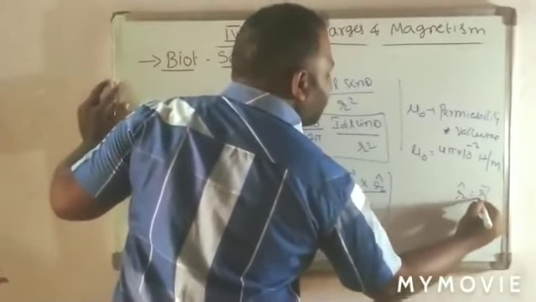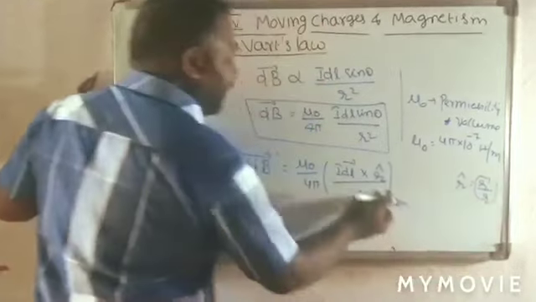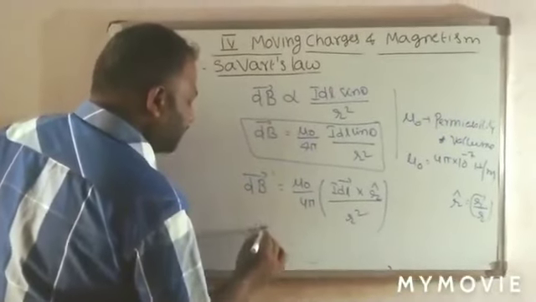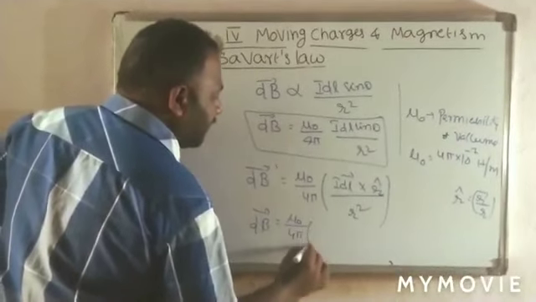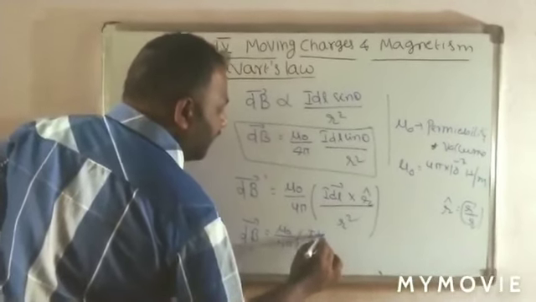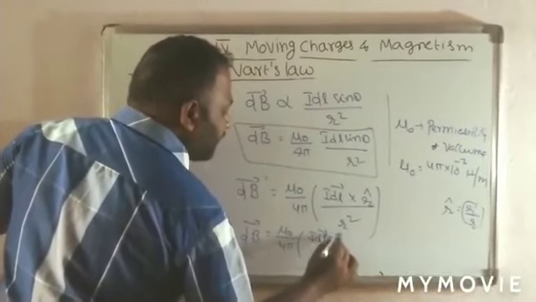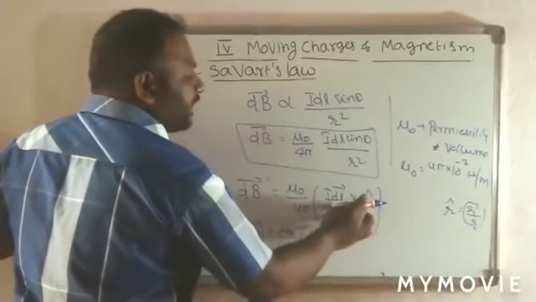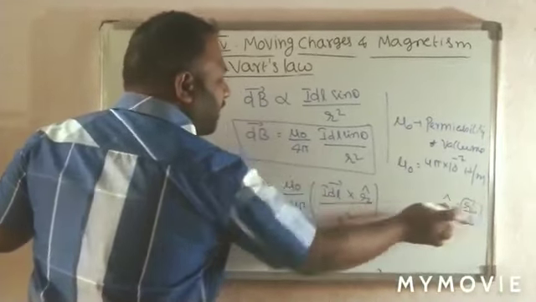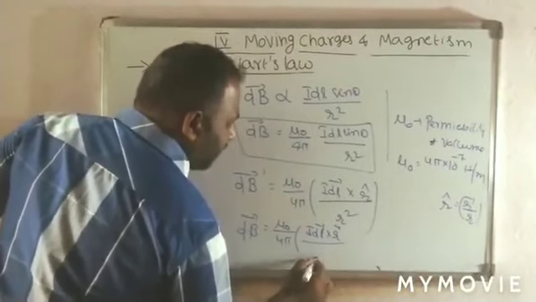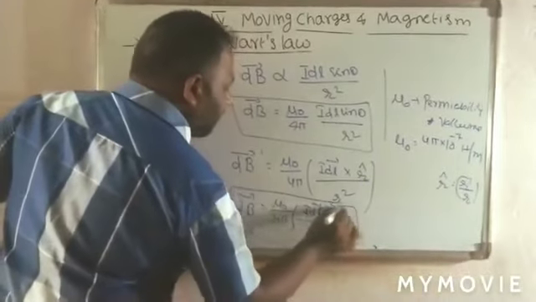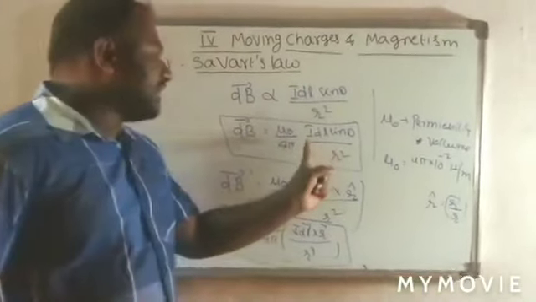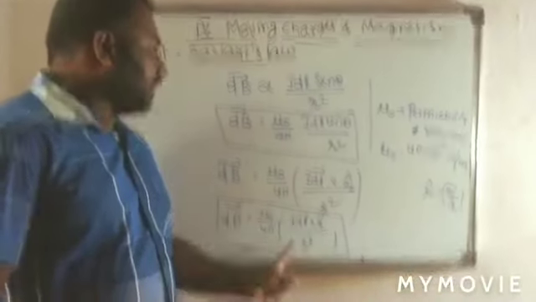Unit vector is equal to r bar by magnitude r. Substituting, the final expression is dB bar is equal to mu naught by 4 pi into I dl bar cross r cap, where the unit vector is nothing but r bar by magnitude of r bar, so I dl bar cross r bar by r cube. This is also another expression in the vector form. This is the direct form, this is the vector form.